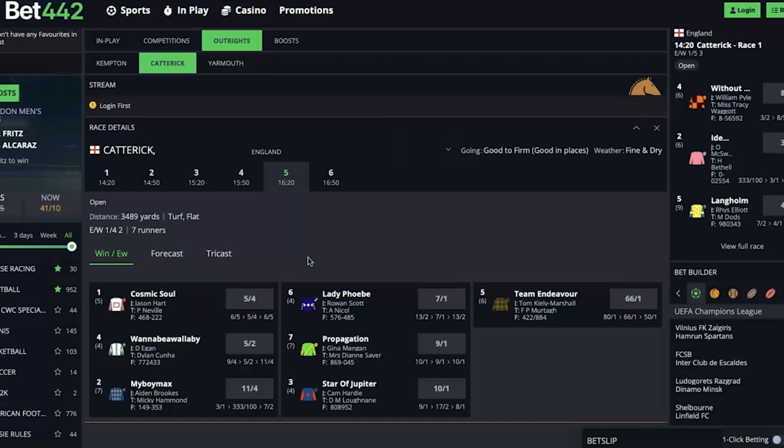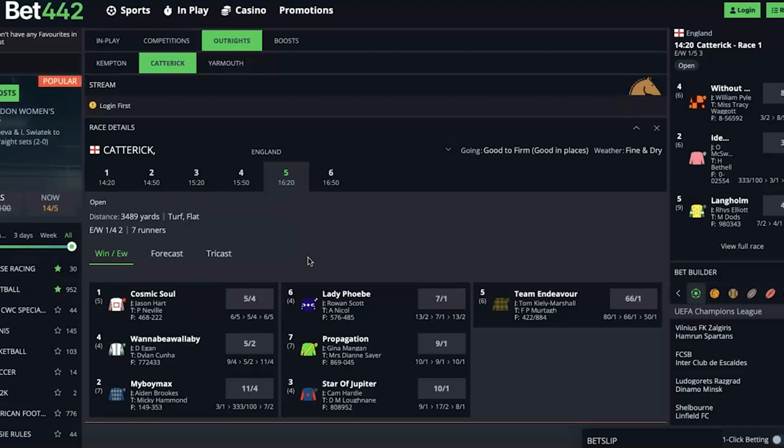Between 5 and 7 runners, so this race for example, with 7 runners, you've got 2 places for a quarter of the odds. 8 or more runners in the race tends to be 3 places at a fifth of the odds. That tends to change if you go to a handicap. So if there were 16 or more runners in a handicap, you tend to get an extra place for those particular races, where bookmakers would generally pay 4 places at a quarter of the odds.